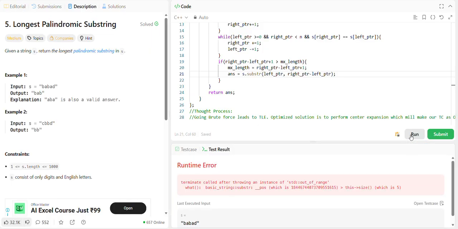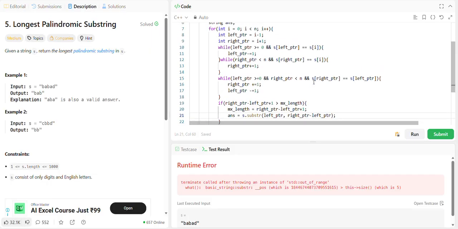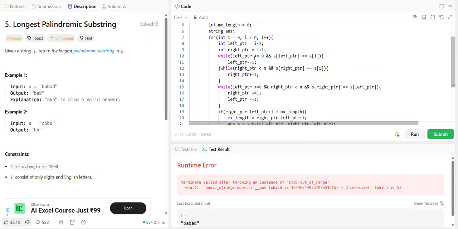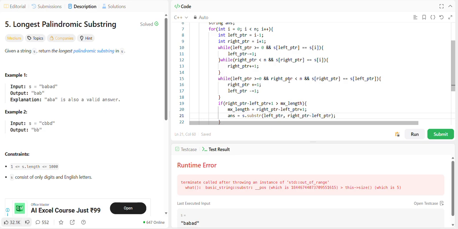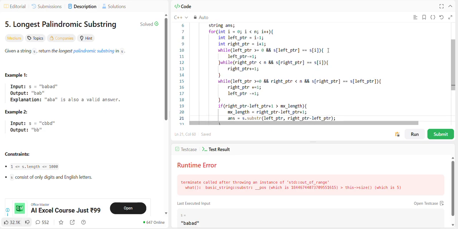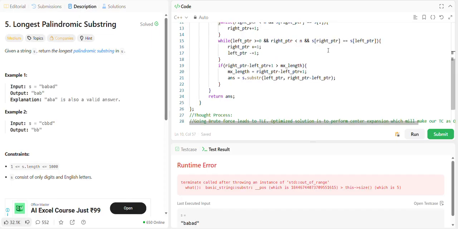Okay, somewhere we are going out of the range. I don't know. Let's try to see where we are ending up. Again we are getting this issue.